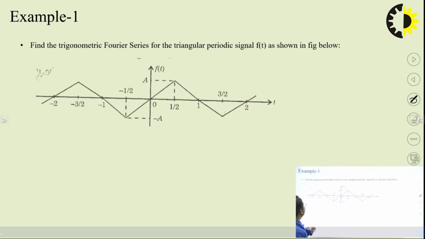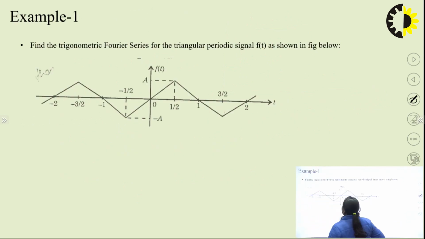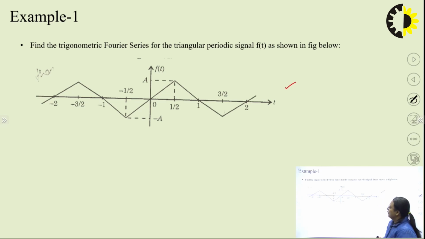Now we have to find the trigonometric Fourier series for the triangular periodic waveform given to us in the figure below. First of all we have to find the function f(t), then we will find the coefficients of the Fourier series, and finally we'll find the value of the function f(t) in terms of the Fourier series.